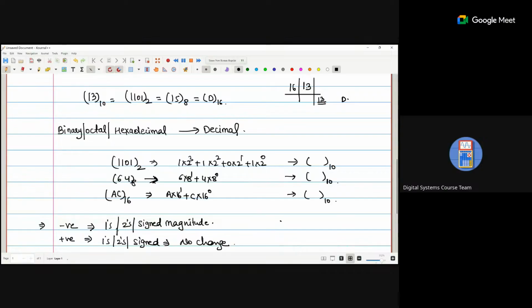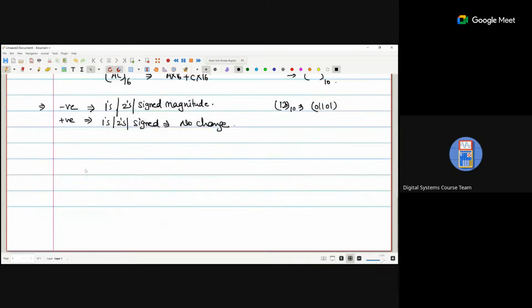For example, 13 in binary is 1101. Generally, with 1's complement, 2's complement and sign magnitude, the range changes. In normal binary with 4 bits, we can represent 0000 to 1111, that means 0 to 15.